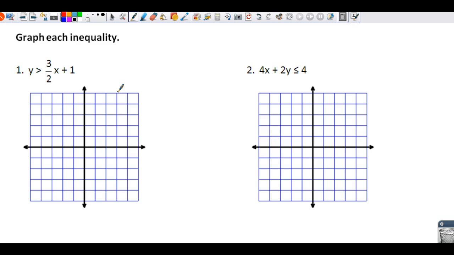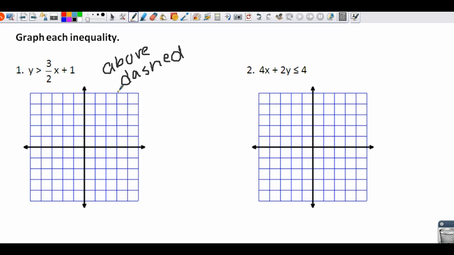Okay? So in example number 1, we have y is greater than 3/2 x plus 1. So in the case of this problem, we have greater than, so my shading will be above, and my line will be dashed. So without even doing anything, I'm thinking above and dashed.